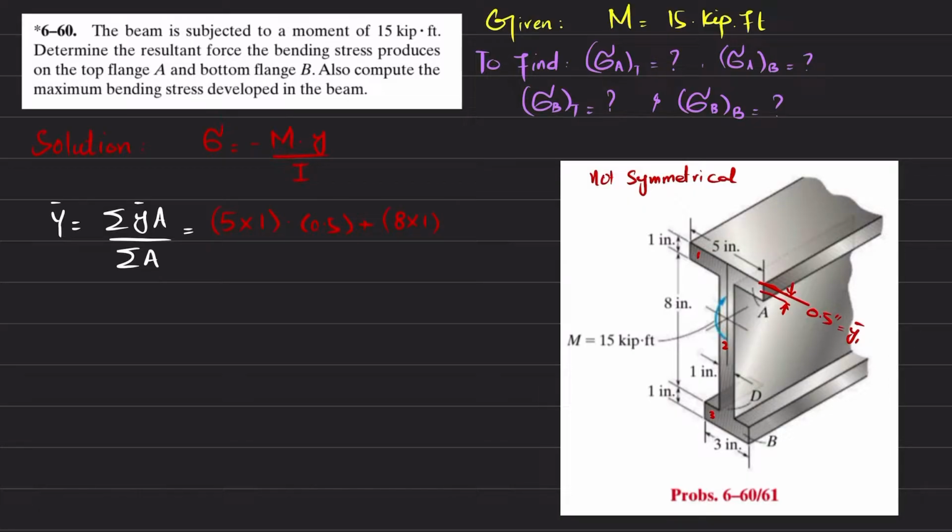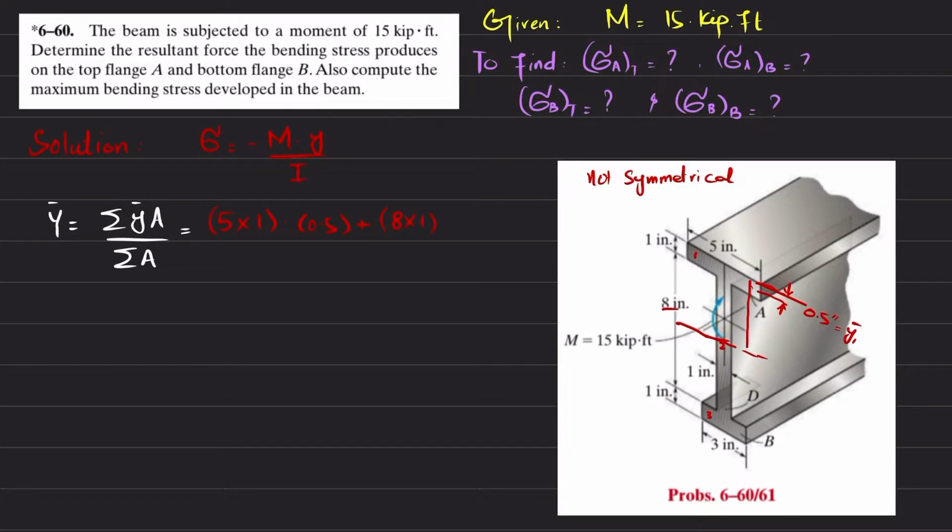And what will be its center? 8 is the total height, so 4 will be its center. Now from the topmost, this distance will be equal to 1 plus 4, which is y2 dash, and that will be equal to 5.